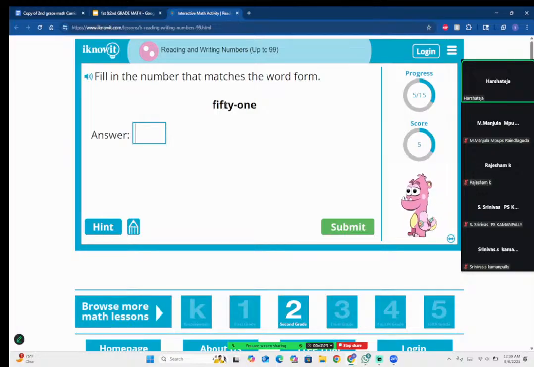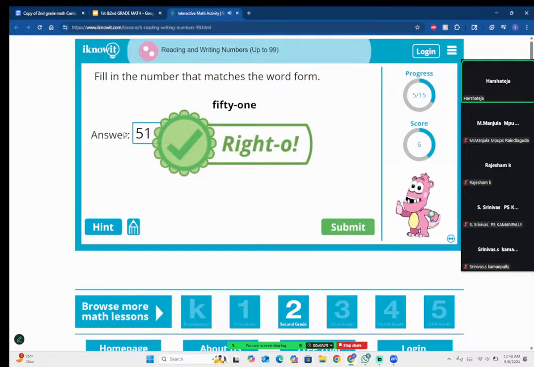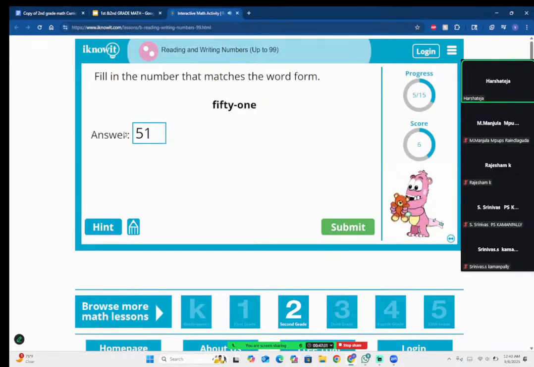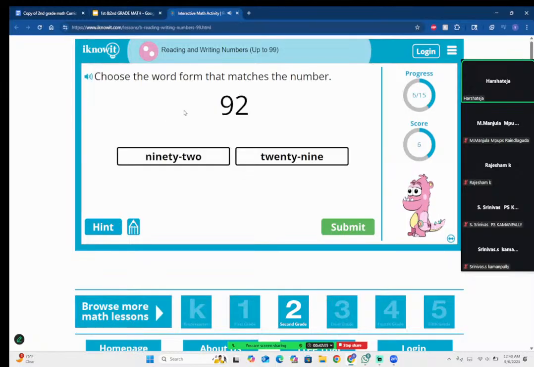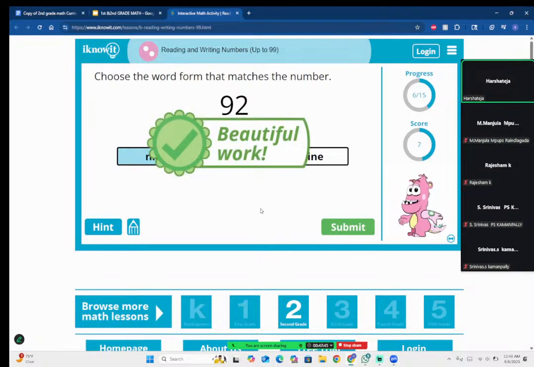This is 50 and 1. 51. This is 90 and 2. So 92.